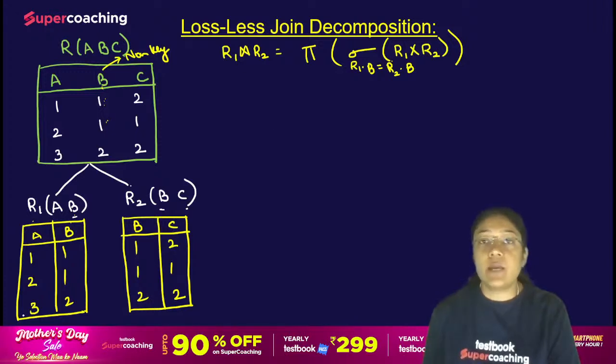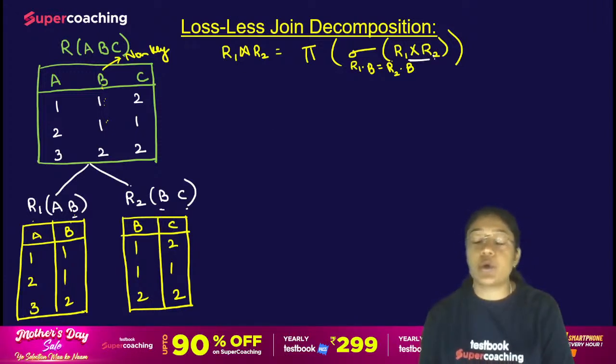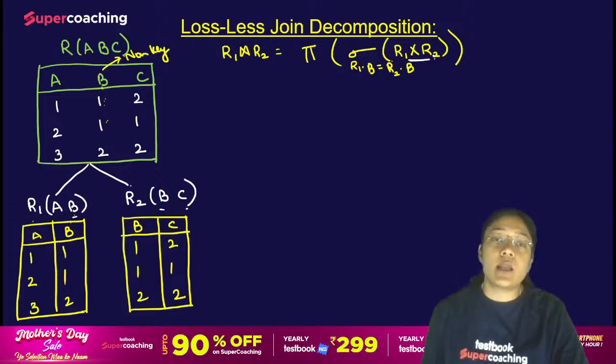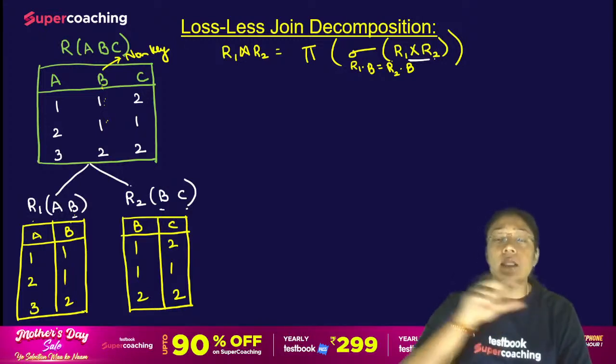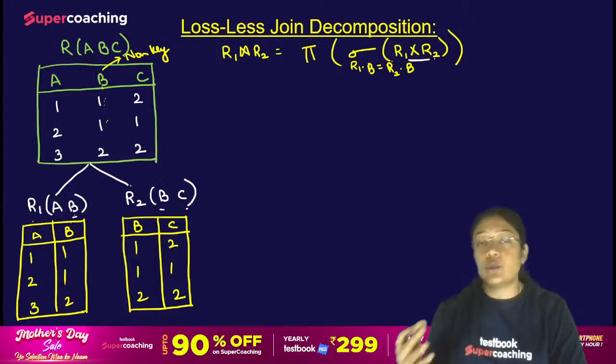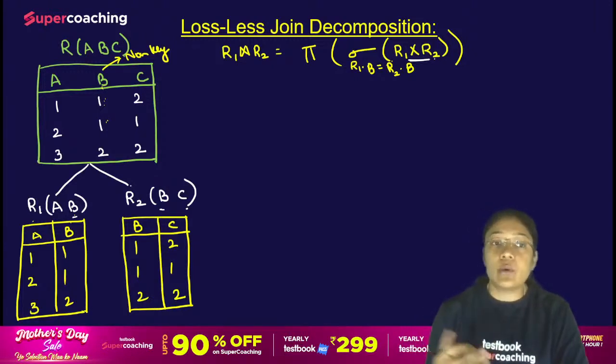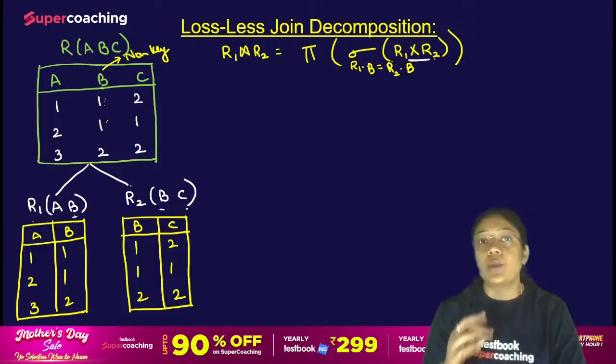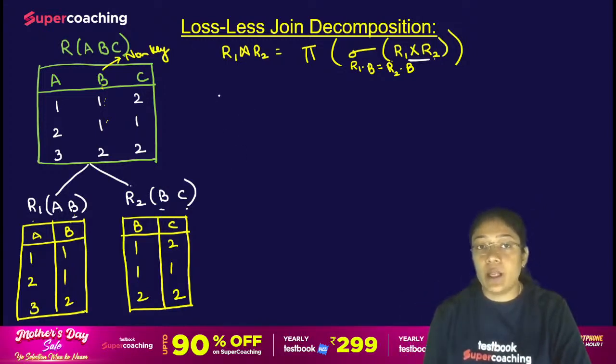What is the first step? Step 1 is to take the cross product of R1 and R2. What do we call a cross product? In a cross product, all the tuples we have will be combined with the tuples of the other relation, and we'll have all the attributes.